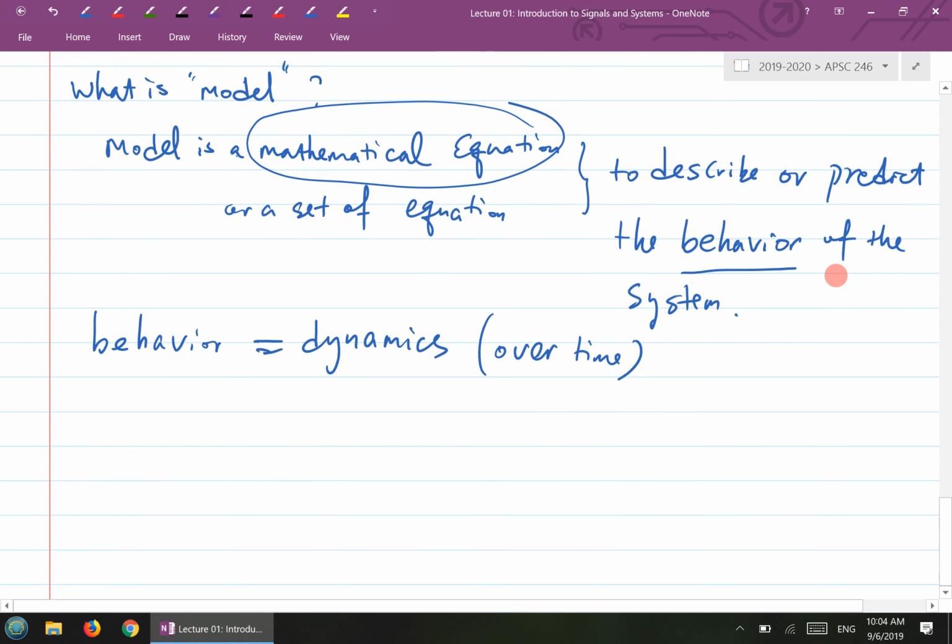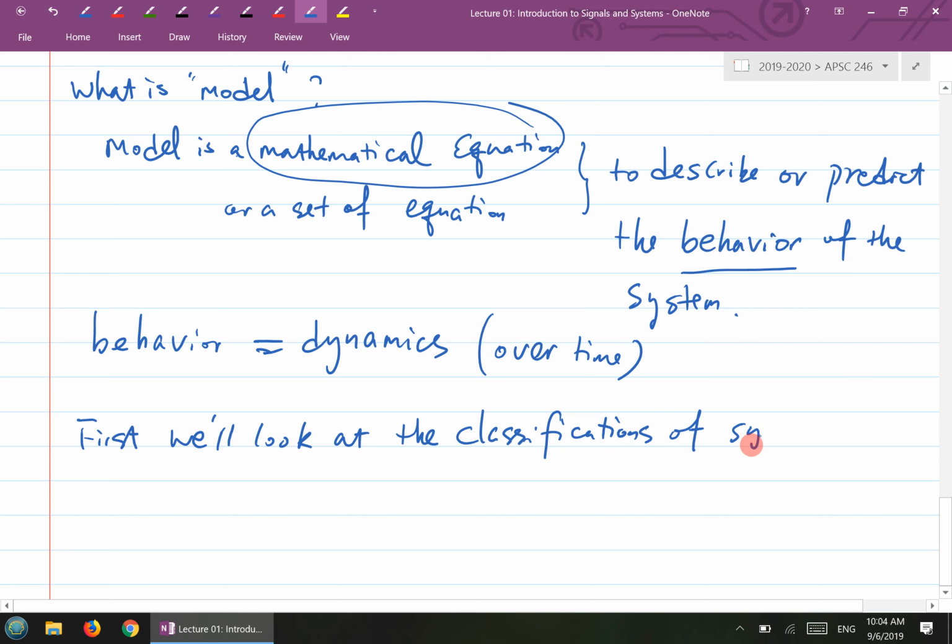So how do we get there? We have to get there slowly. To get there, the first thing I would do, a little bit today and then the next few lectures, is we're going to look at the classifications of systems.